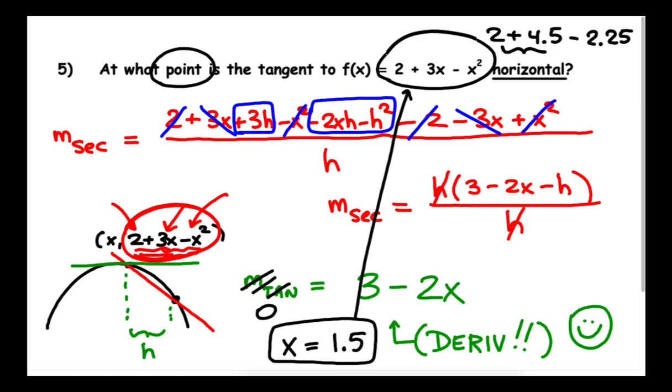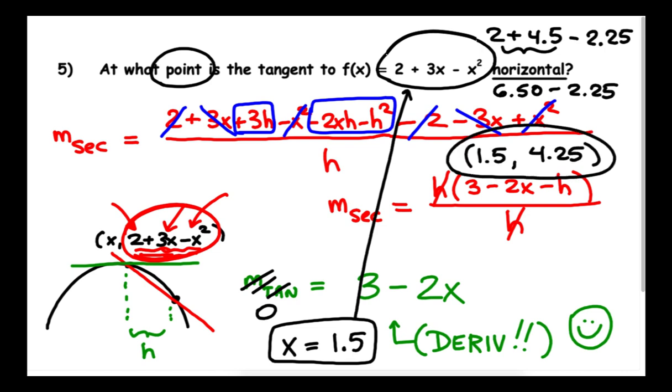So we have 6.50. I think of money. $6.50 minus 2 1/4. That's going to leave me with $4.25. That's 4.25. And so the point 1.5 comma 4.25 would be the vertex or the maximum.